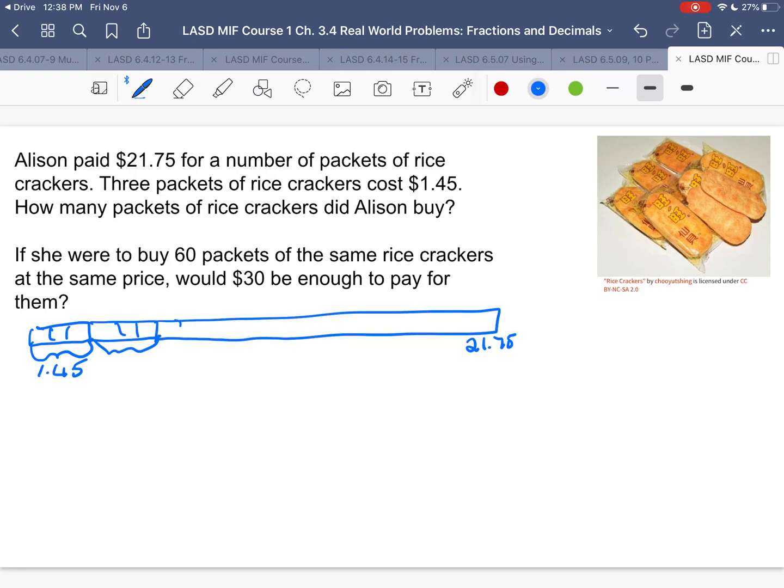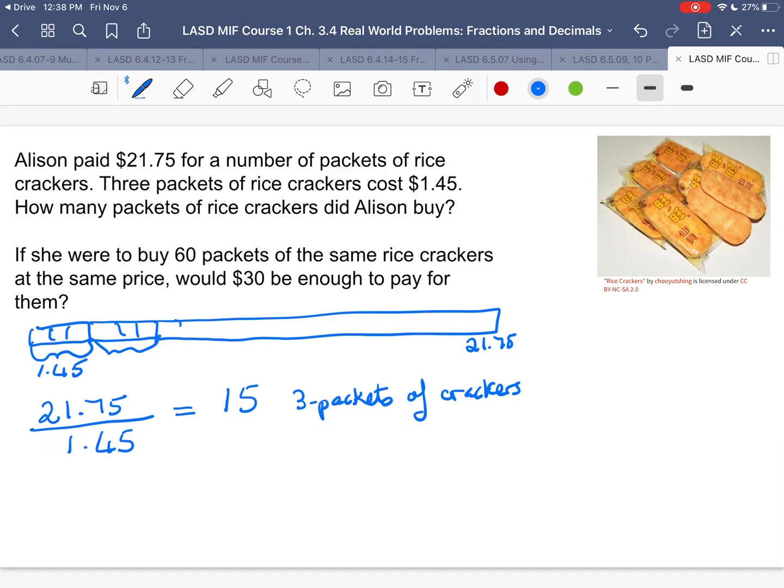So I'm going to divide 21.75 by 1.45, and I get 15. Now 15 what? I got 15 3 packets of rice crackers.